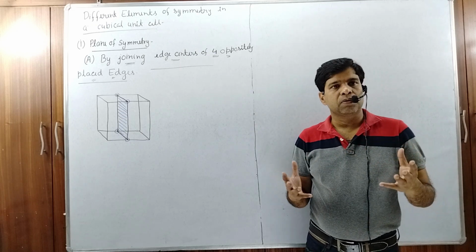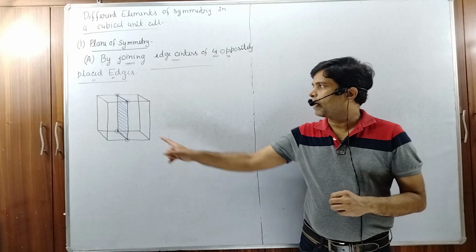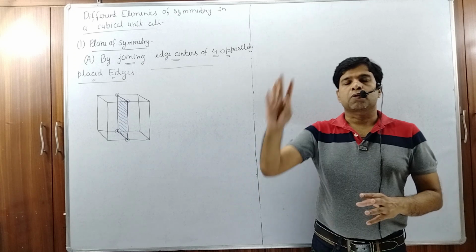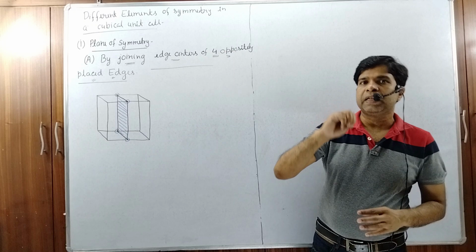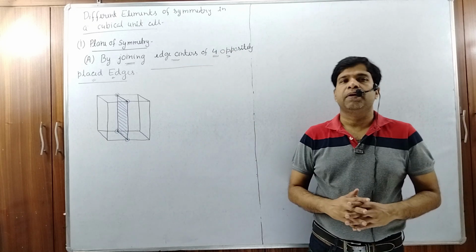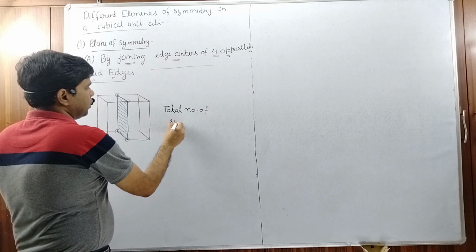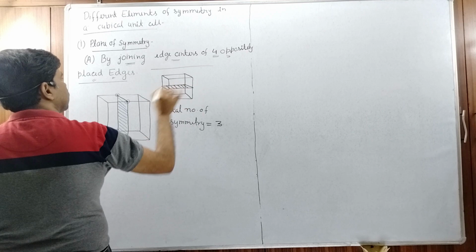It is very easy to understand. Four edge centers combined give one plane of symmetry. So 12 edge centers will give 3 such kinds of symmetry. Number of symmetry planes: 3. One plane is this one.